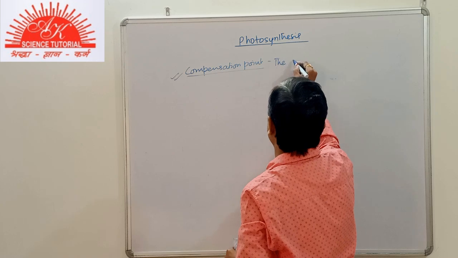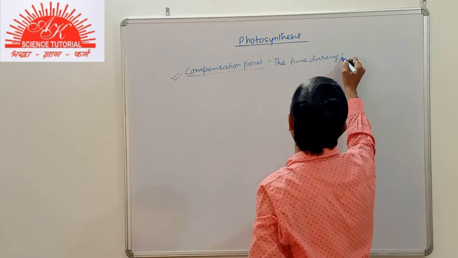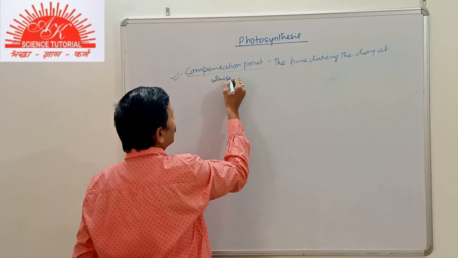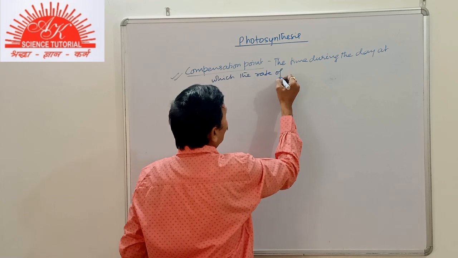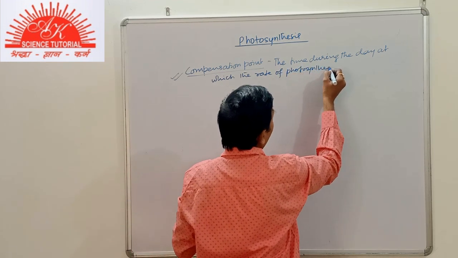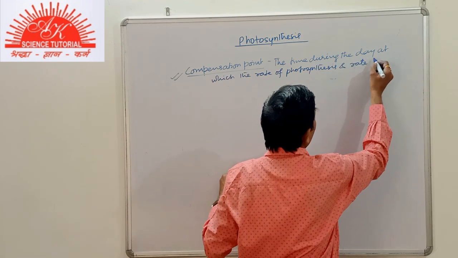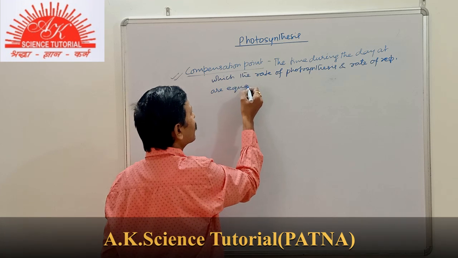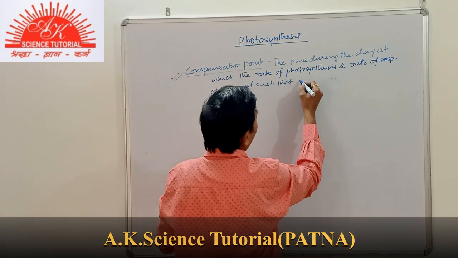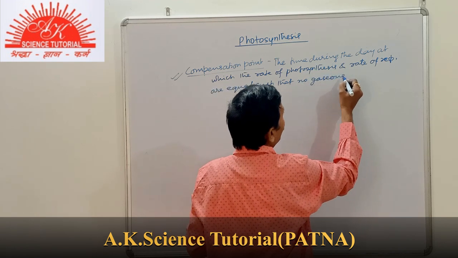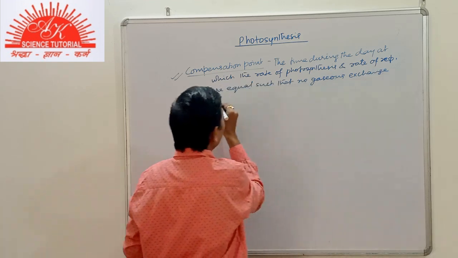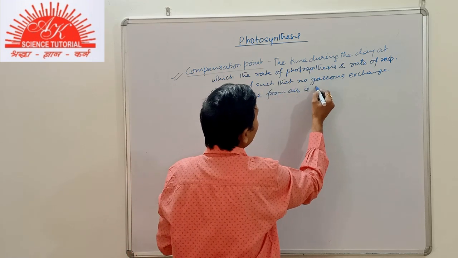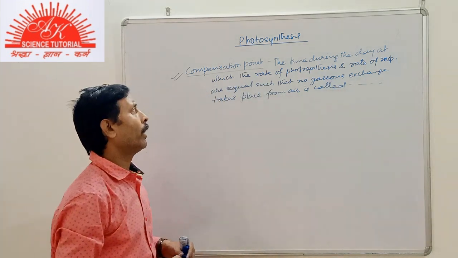The time during the day at which the rate of photosynthesis and rate of respiration are equal, such that no gaseous exchange takes place from air, is called the compensation point.